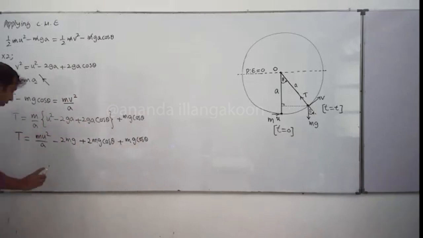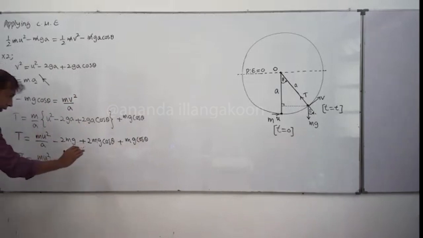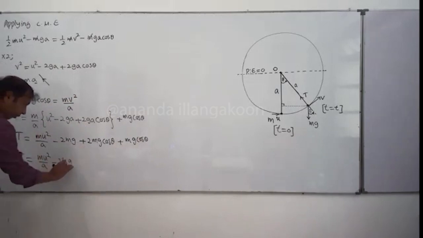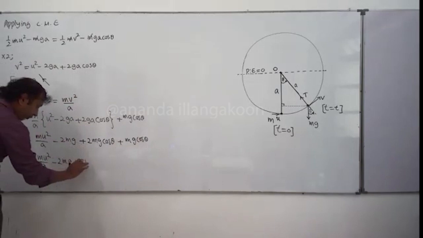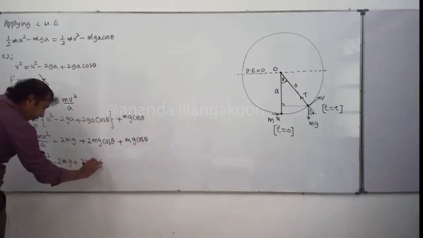Then here you can simplify this further: 3mg cos theta.